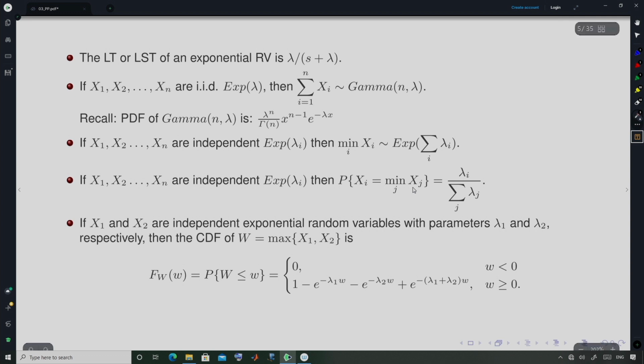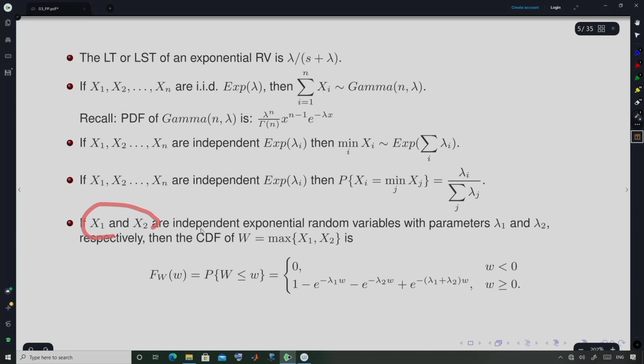Suppose you are looking at two random variables, x1 will be equal to the minimum of x1 and x2, which is the same as the probability of x1 less than x2. That is what it would mean, and that will be equal to this quantity here, right. One can directly show it easily for 2, and you can extend it for n using these properties and so on.